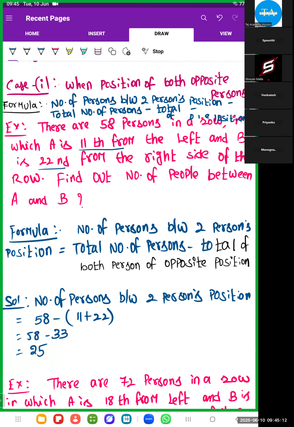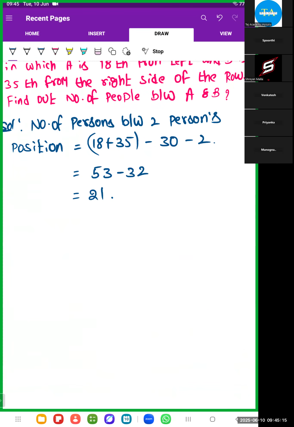Type 4. So the type 4 one is when the person positions are interchanged.